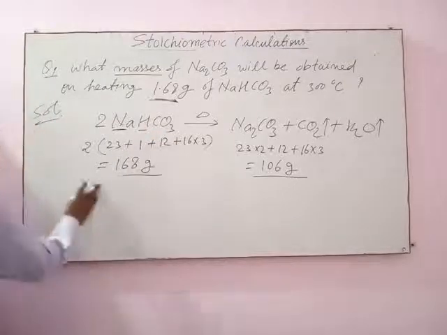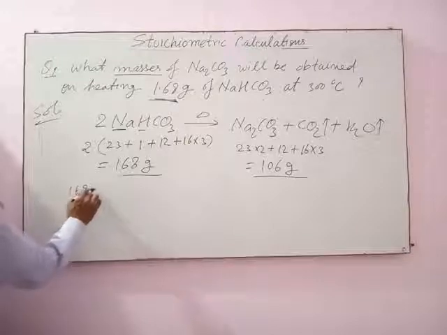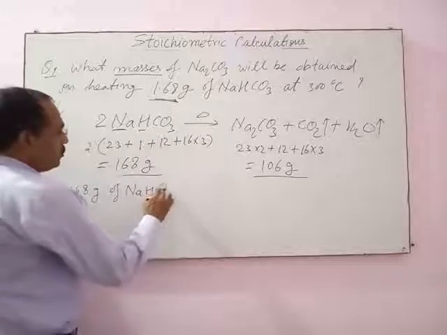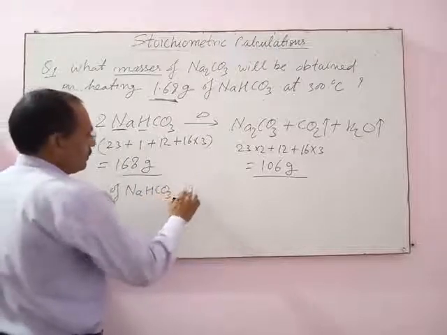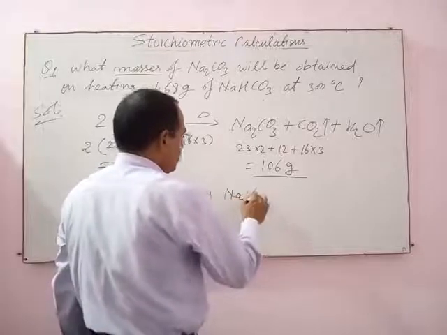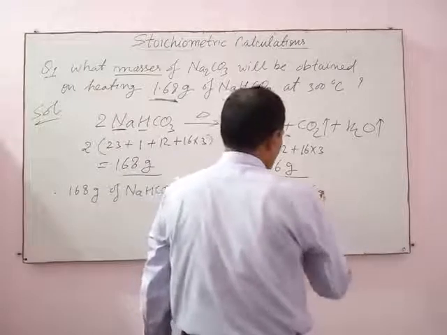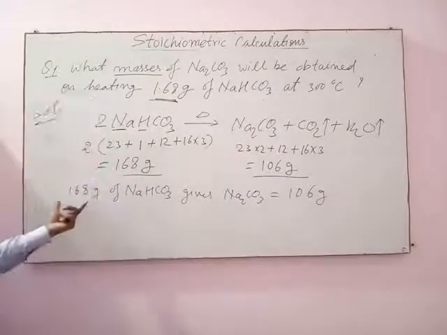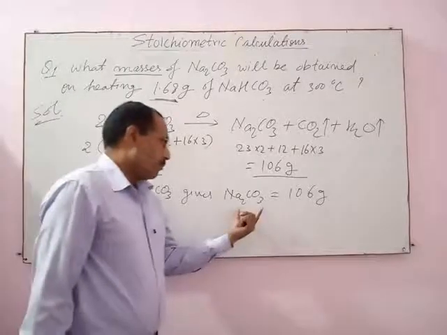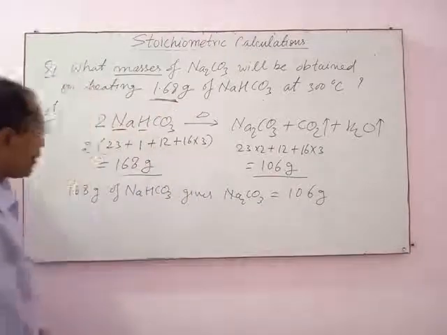According to this equation, since 168 grams of NaHCO3 gives Na2CO3 equal to 106 grams, from 168 grams of sodium bicarbonate, the mass of Na2CO3 is 106 grams.